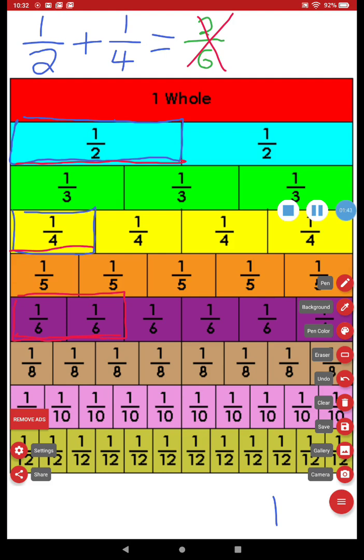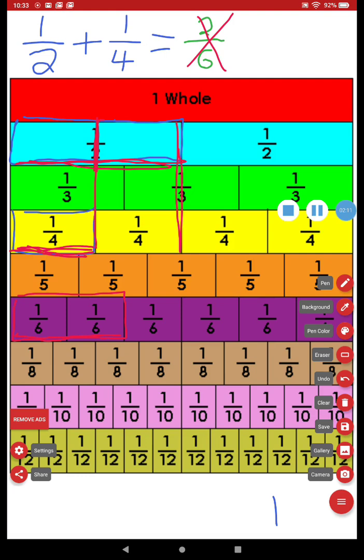So here's what I have to do. I have to find a like denominator. Well, how am I going to find a like denominator? I'm going to have to change one of them. Which one do you think you can change? Can I change 1/4 into 1/2? No. Can I change 1/2 into 1/4? Maybe. If I break it into two pieces, hey, now it's the same size as 1/4.